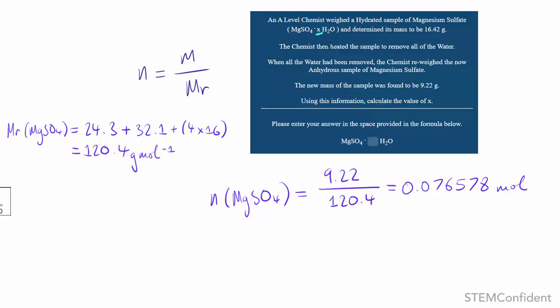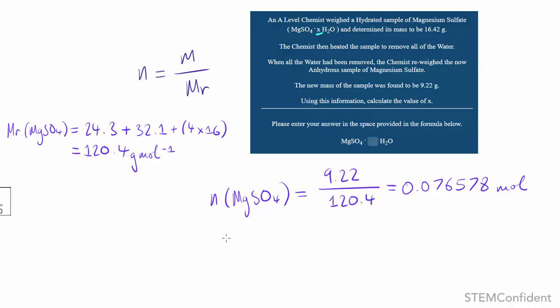So we've got this mass, but this relates to the whole thing, right? The MgSO₄ and the H2O. We want what it is for this H2O specifically. So what we can do is effectively deduce that this mass we have is the mass when the H2O is absent. This is the mass when the H2O is present. So if we do this mass minus this mass, we're going to get the actual mass specifically for the H2O, right?